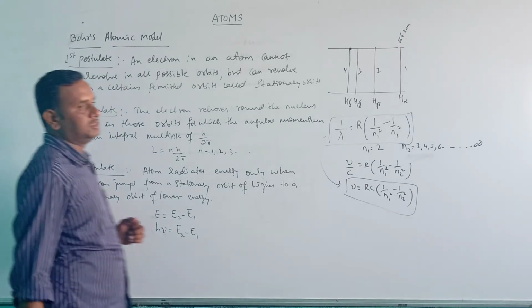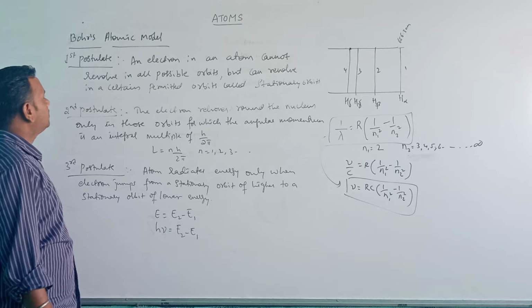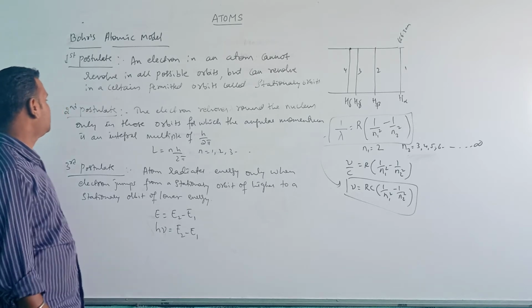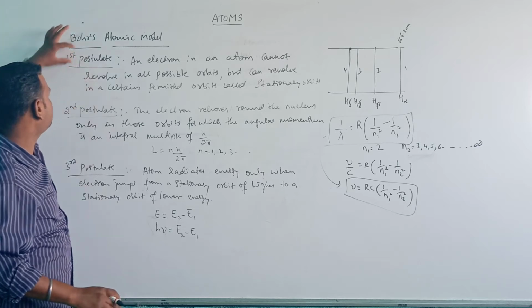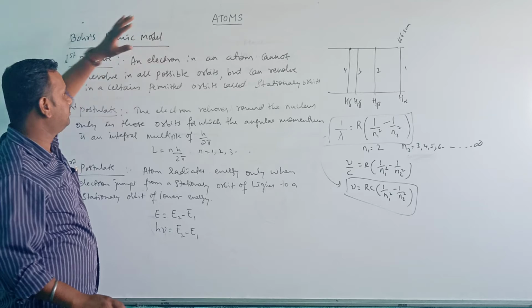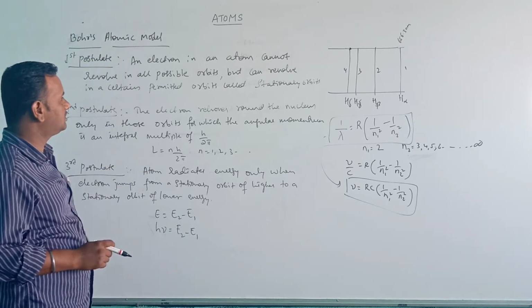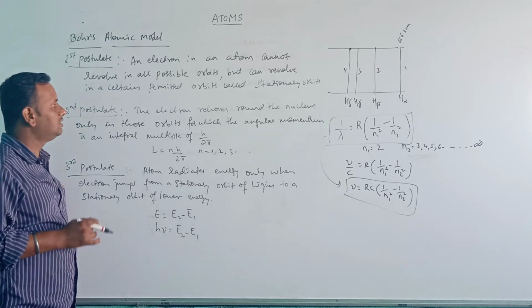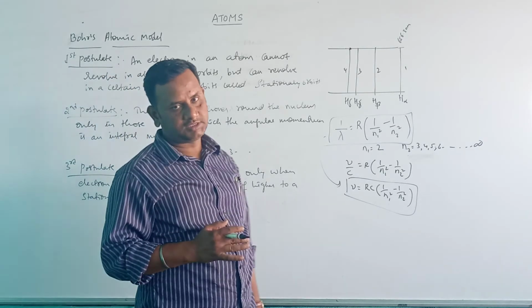Our next topic is Bohr's atomic model. Bohr postulates three points. The first postulate is that an electron in an atom cannot revolve in all possible orbits but can revolve in certain permitted orbits called stationary orbits.